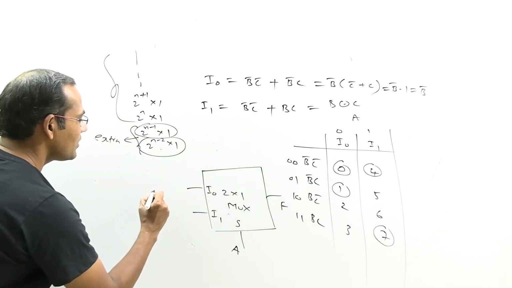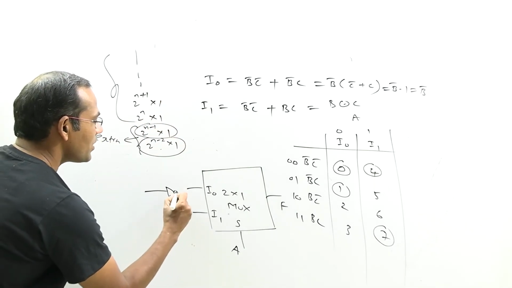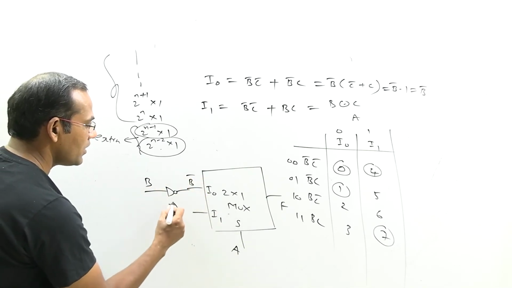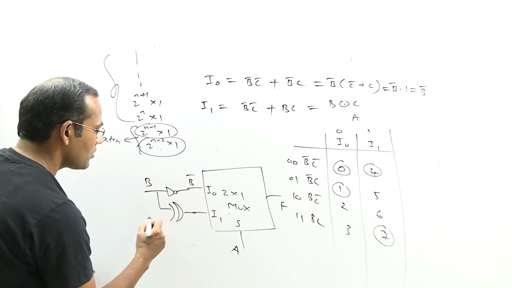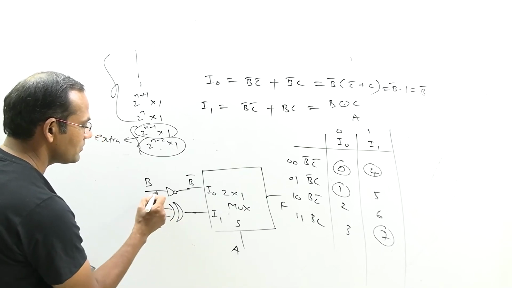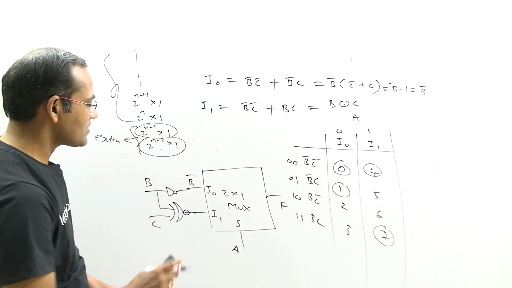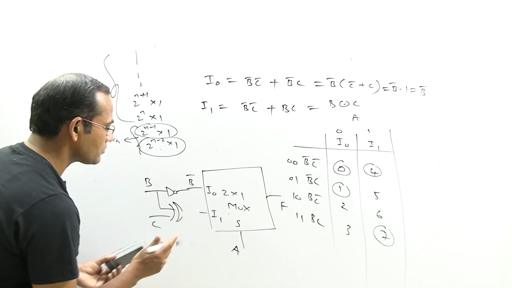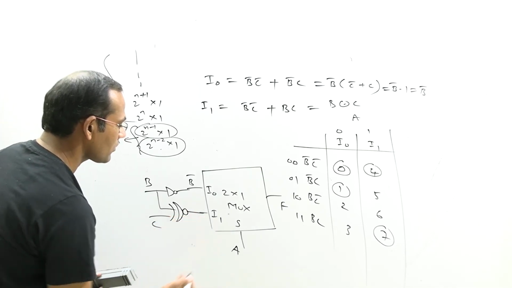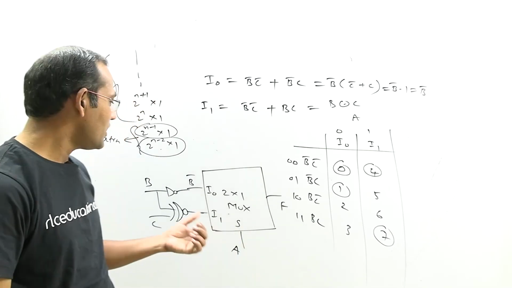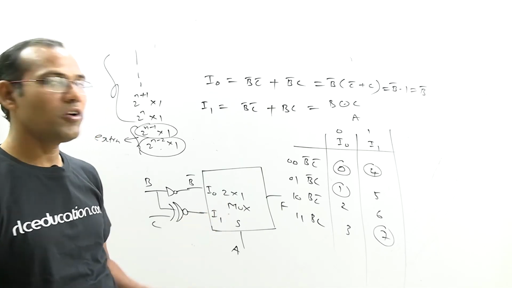Here B bar should be applied. Here XNOR of BC should be applied. This is the symbol for XNOR. Like this we can design by using a 2 by 1 multiplexer.